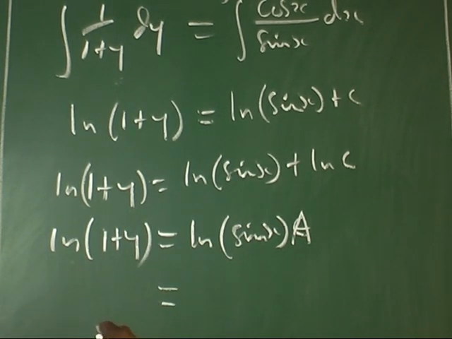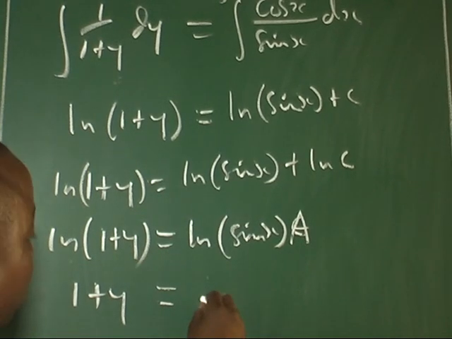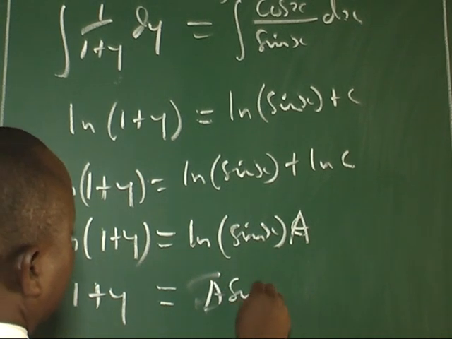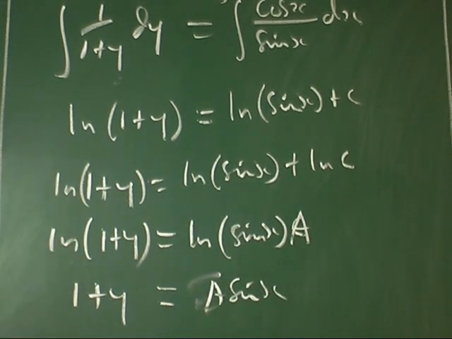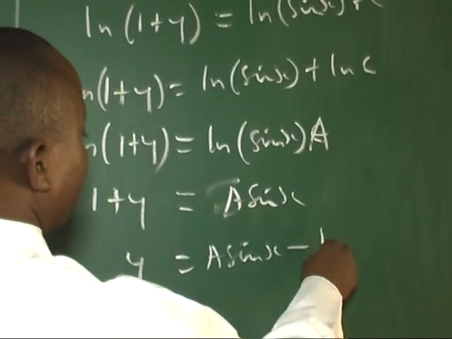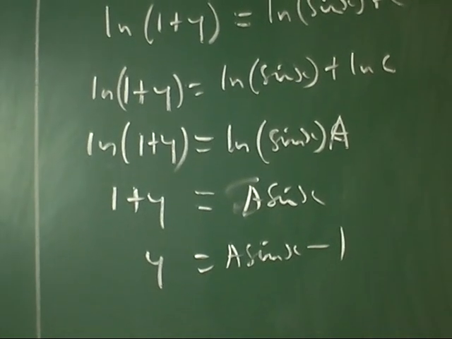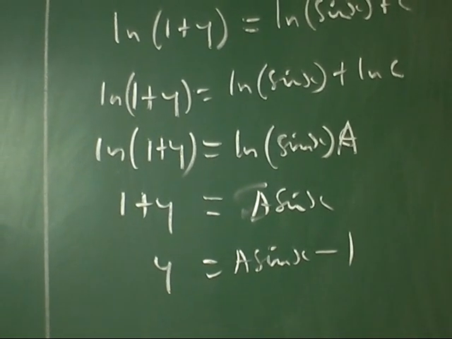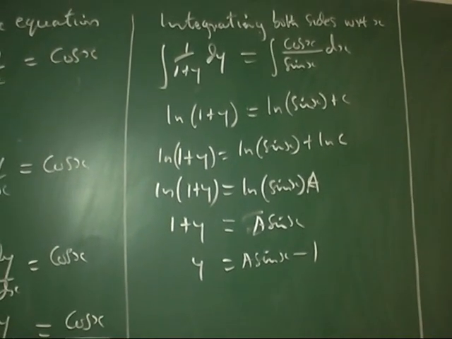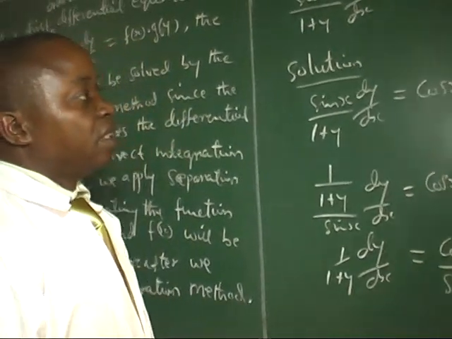So by the time they cancel ln, we have 1 plus y is equal sine, or let's call it a sine x, so that y is a sine x minus 1. So we now get the function. This is how we can do it. But we'll take one example to also see it in another way.